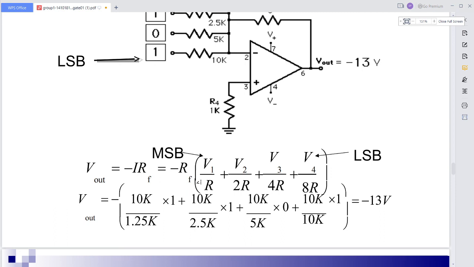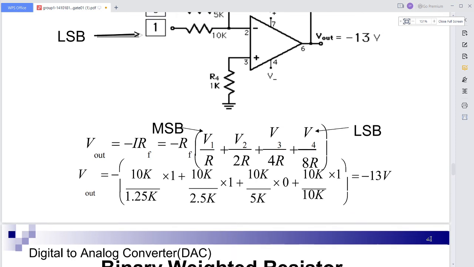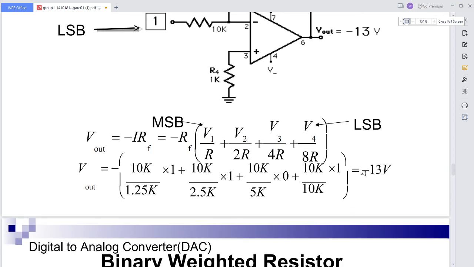I is nothing but I1 plus I2 plus I3 plus I4, and from Ohm's law each is V by R. By substituting all these values we get the value minus 13.